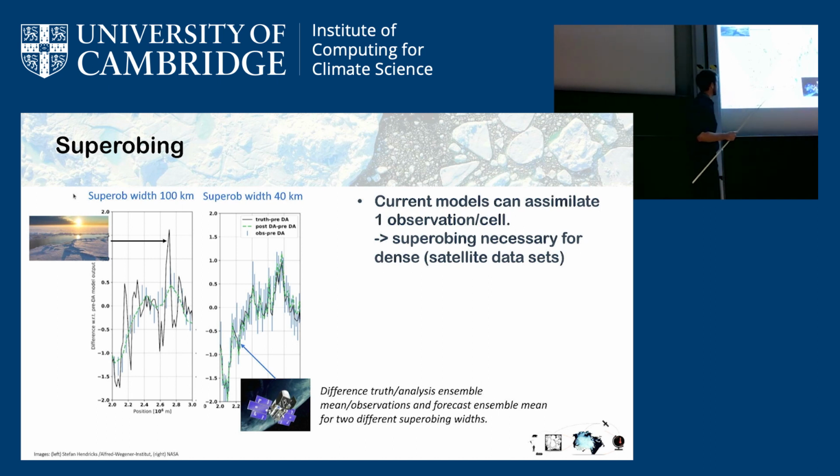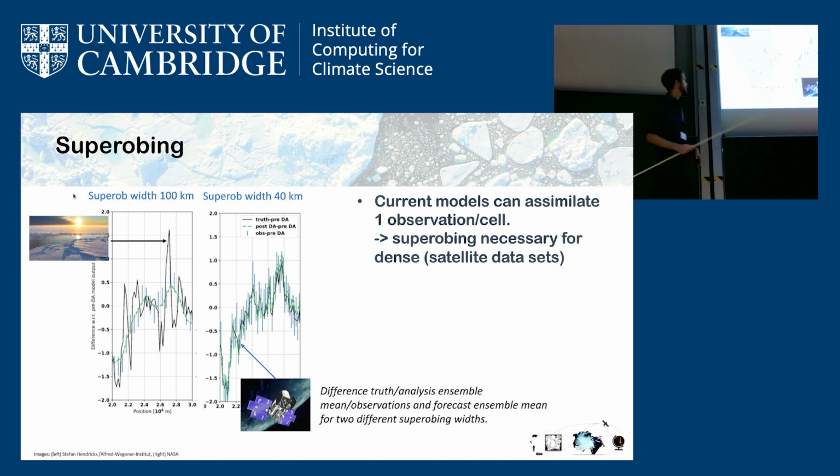So in the current setup, if there's a lot of small-scale signal, which is the black line, then dense observations coming, for example, from satellites can see that small-scale variability. However, the model, in the current generation at least, can't represent all this small-scale variability.